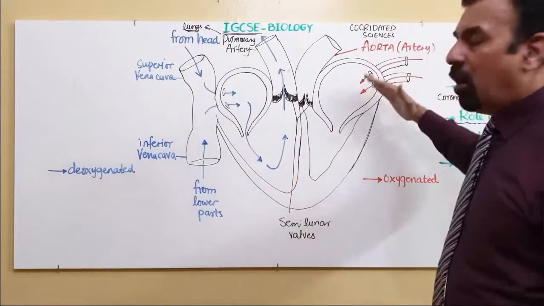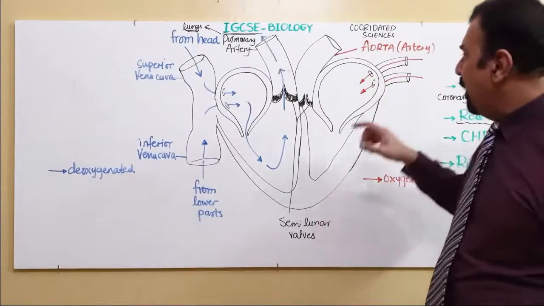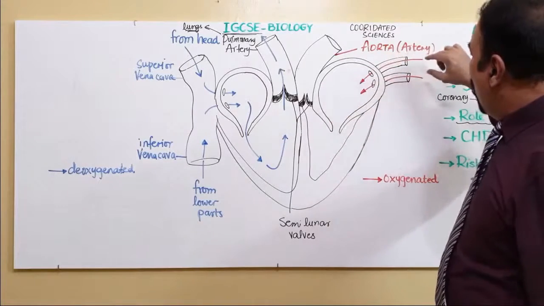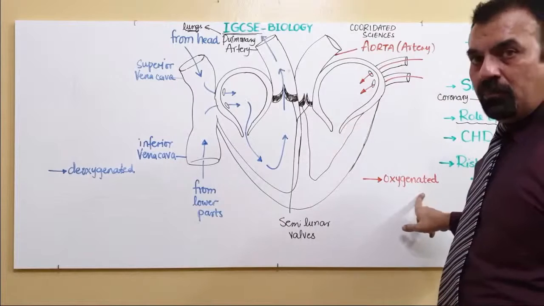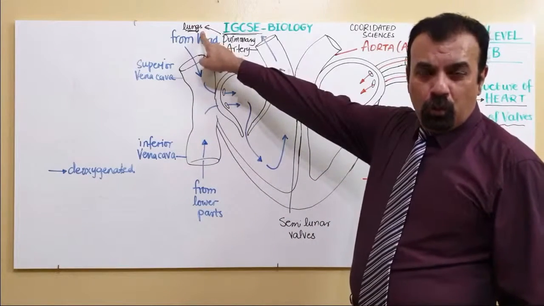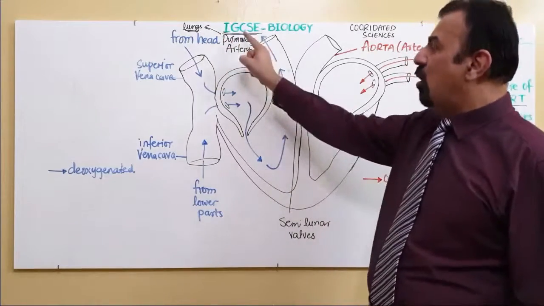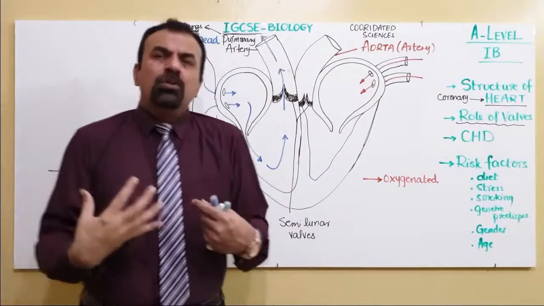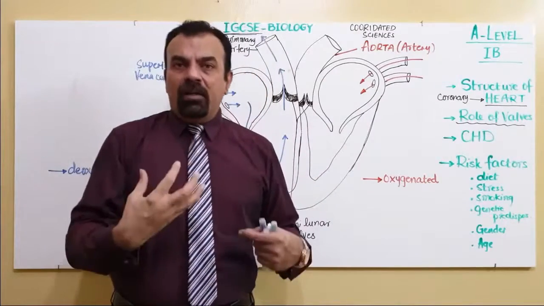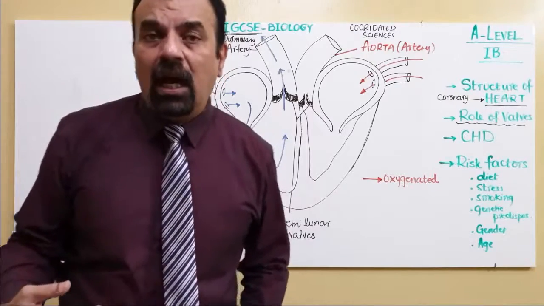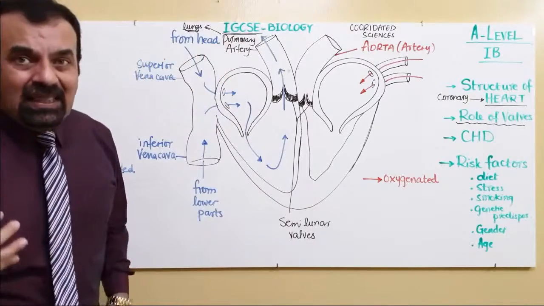The right side of the heart, the right atrium, is receiving deoxygenated blood. And from where is it coming? The same organ to which we sent deoxygenated blood. Once that deoxygenated blood is sent to our lungs, what do our lungs do? Our lungs remove carbon dioxide from our blood, and then they add oxygen.